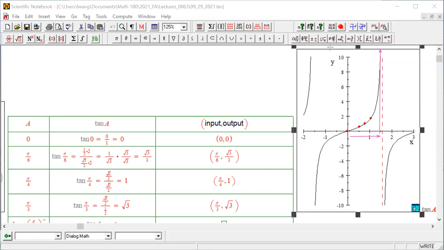Okay? And this process we just did, we spent so much time doing this process. And what do we learn?